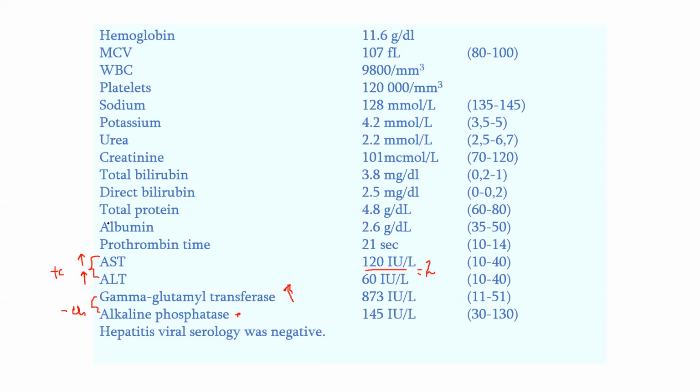Now let's assess the synthetic function of the liver. The patient has a low albumin level, low total protein level, and prolongation of PT, prothrombin time.